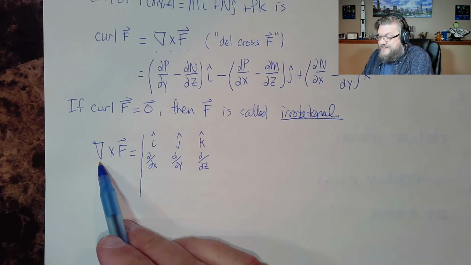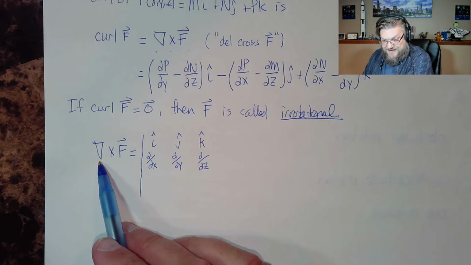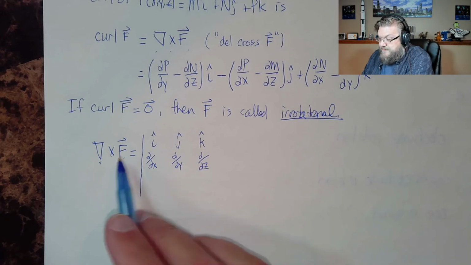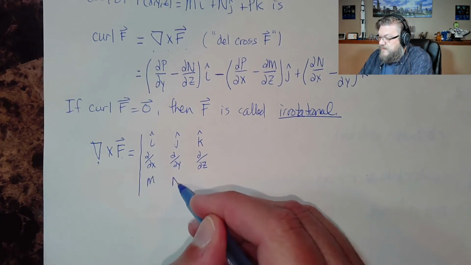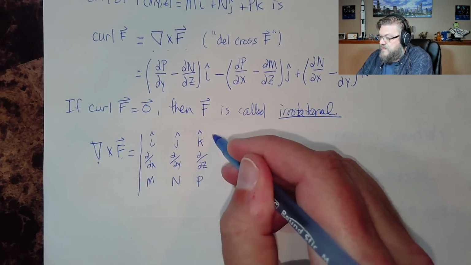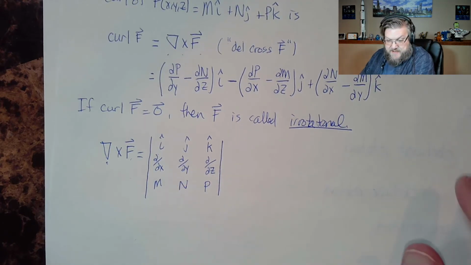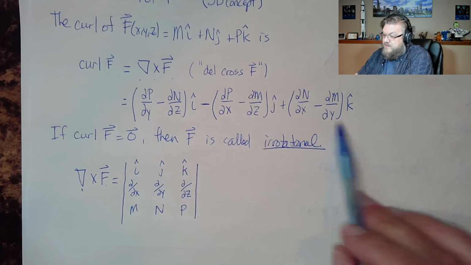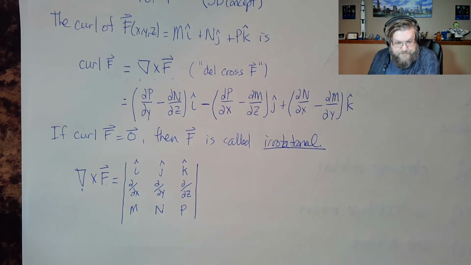So this is an operational thing. It's giving you an instruction, right? Then the components of F are m, n, p. Okay. If you think about it like this and do our standard cross product, you will end up writing that. But this is the way you think about it when you actually calculate curls.